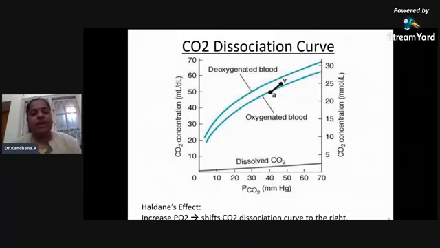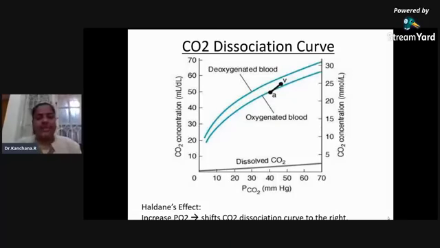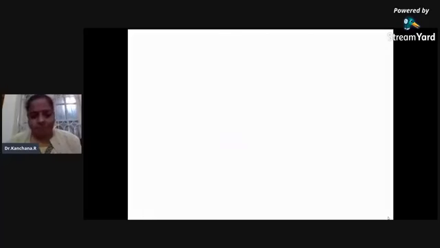Whereas in case of oxygenated blood, at the same carbon dioxide level, it will shift in the reverse direction, downwards and to the right.